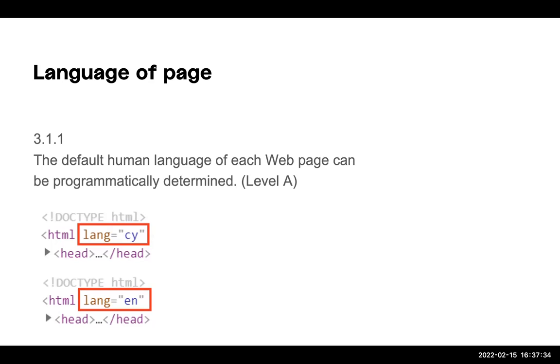Because assistive technologies rely on this attribute to adapt their language. For example, if the value of the language attribute is AR, your screen reader will start to navigate through the content and read out all of the content within this page in Arabic.